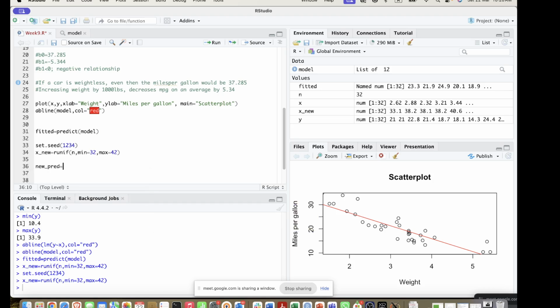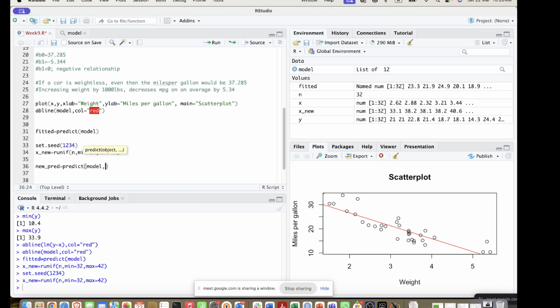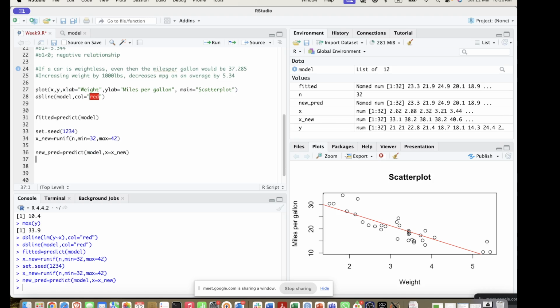Okay, so x new is this thing, and now if I want to have the new predictions, new pred, all I need to do is give predict model, and then x, or data, I need to give as x new.